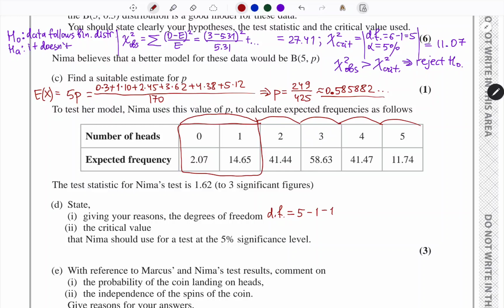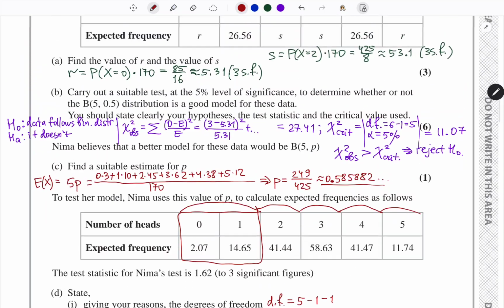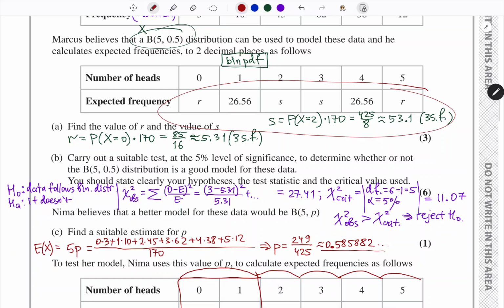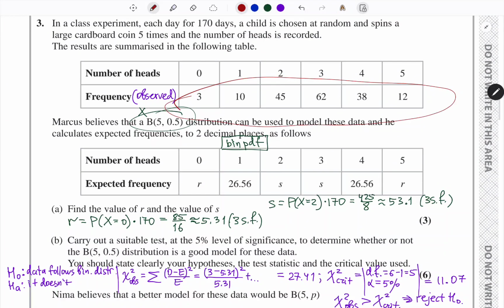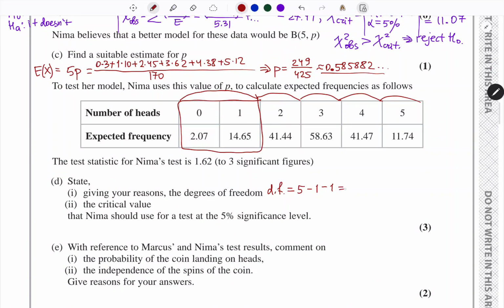And one should be subtracted because all this data is connected to each other: if I knew this, it would be easy to restore this. So there is a connection between them, and that's why I subtract one more. So it's 3. This is due to the parameter p estimated, and the basic value of 1 that we subtract every time. So this is 3.